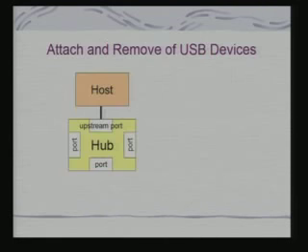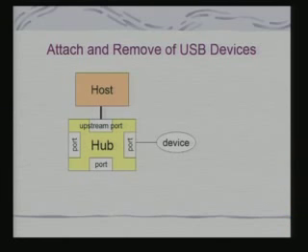Another aspect of the USB bus protocol is that of device identification. In the last class, we had talked about the concept of enumeration. So what happens is a device can get connected to a hub. A hub is nothing but something like a bridge in a USB system. So a device is connected to the port, and once it gets connected to the port, the indicator of the device flows via the port to the host.